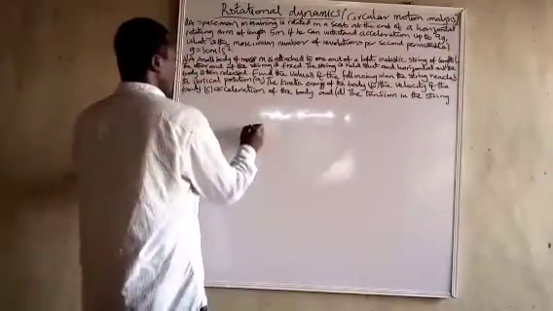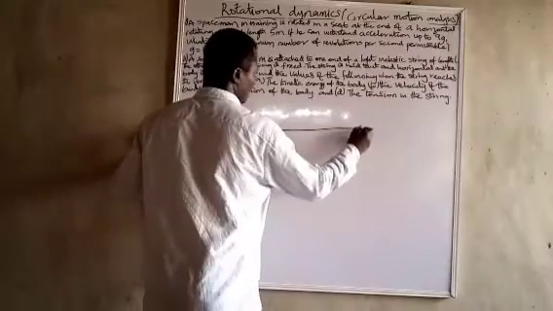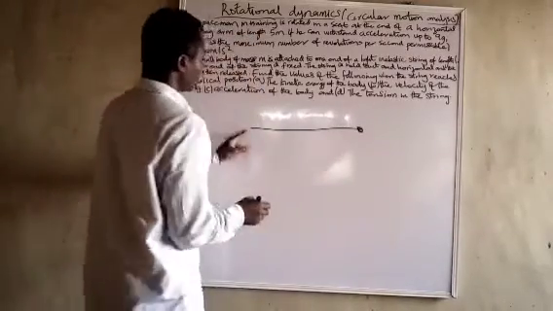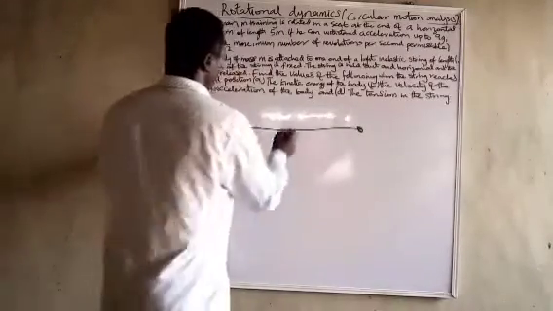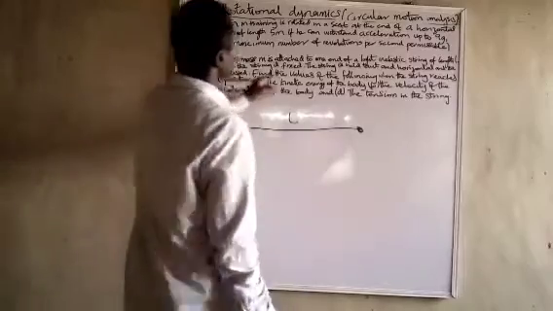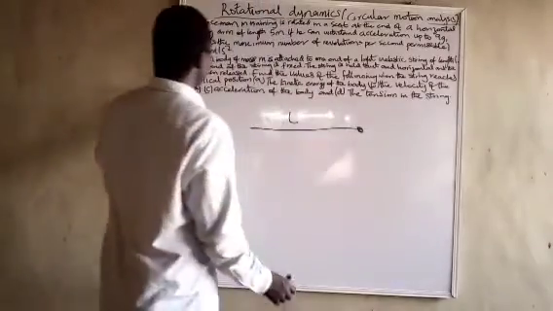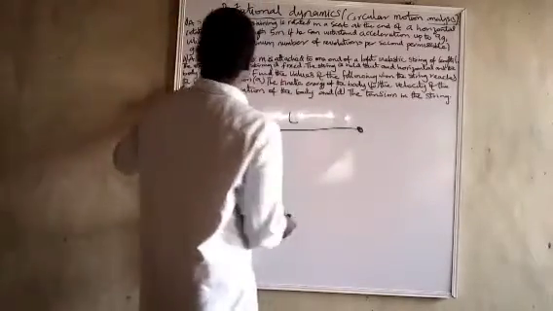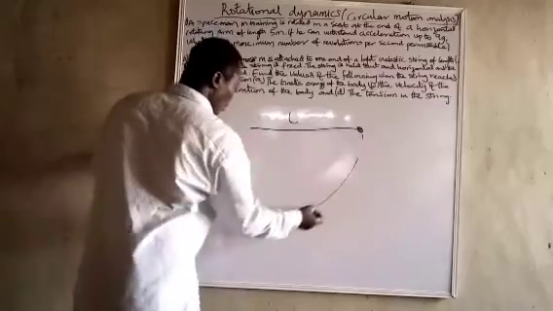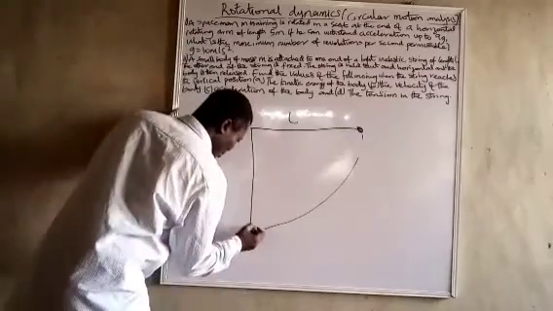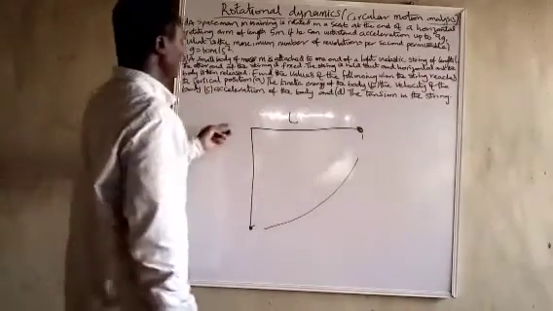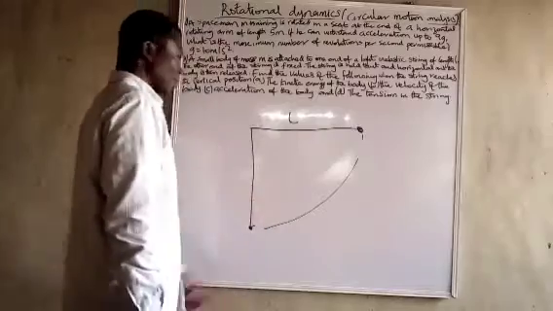Now for the second part, we are given an impression like this. Let's say this is the weight, and this is the length. This is the string. We are told that the length is L. The string is taut at the horizontal, and then released. Find the values for the following. Well, the string is now allowed to fall until it gets to the vertical like this. So we are now asked the kinetic energy at this point.